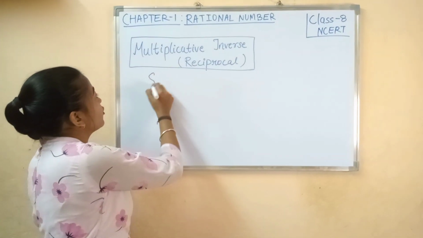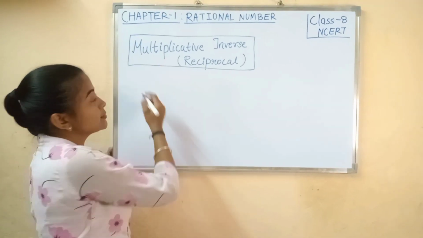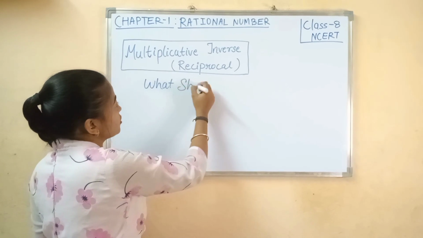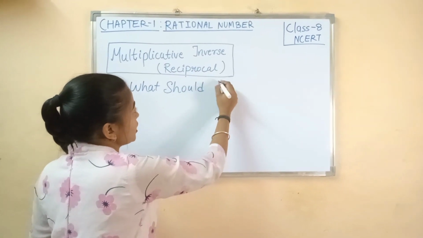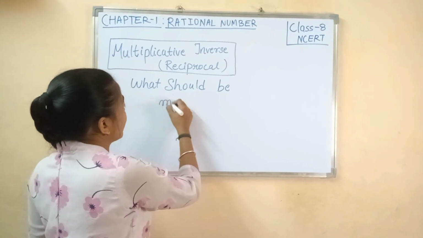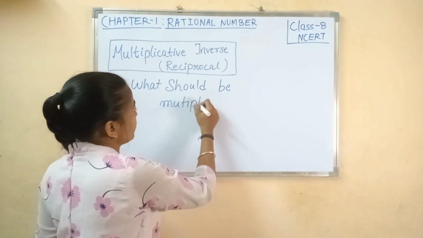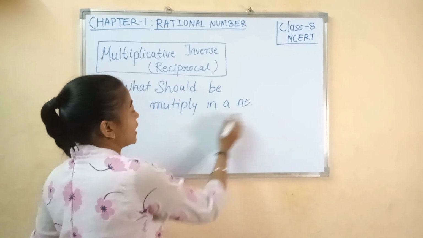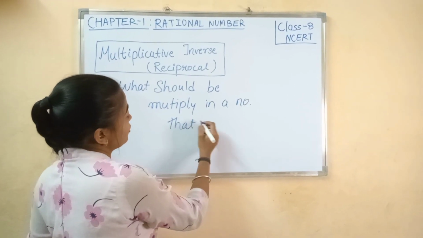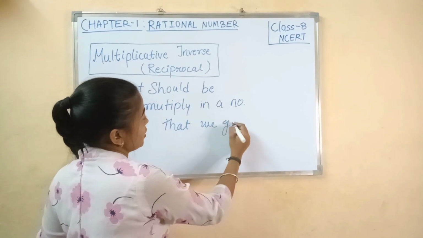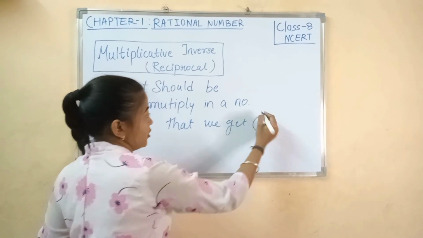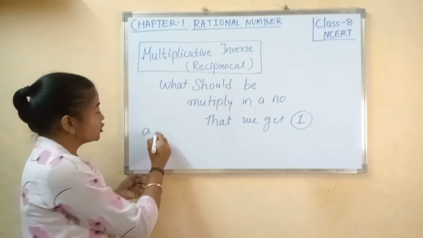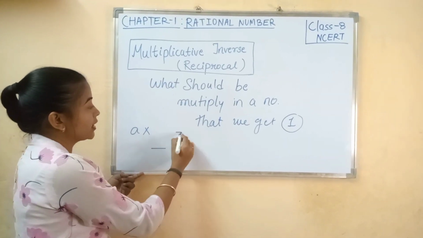We have a question, what should be multiplied in a given number so that we get 1? Suppose a is any number, what should be multiplied by a so that we get 1?